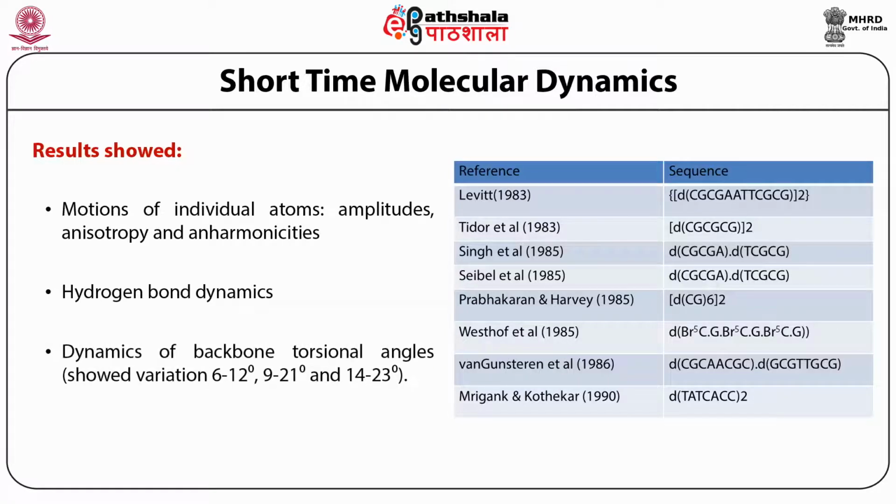And you see that some angles show more variation than other angles. We also find base pair tilting, helix axis movement, H bond movement, bifurcated H bonds, and H bonds between different base pairs were also seen in such dynamic studies.